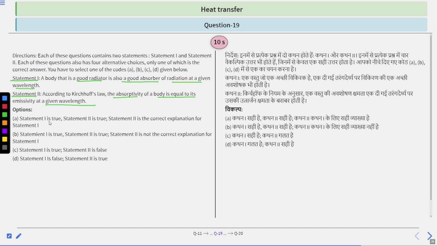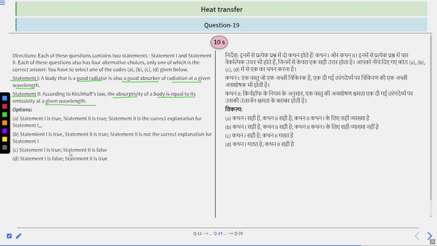Option A, statement first is true, statement second is true, and statement second is the correct explanation for statement first. Option B, statement first is true, statement second is true, statement second is not the correct explanation for statement first. Option C, statement first is true, statement second is false. And option D, statement first is false and statement second is true.